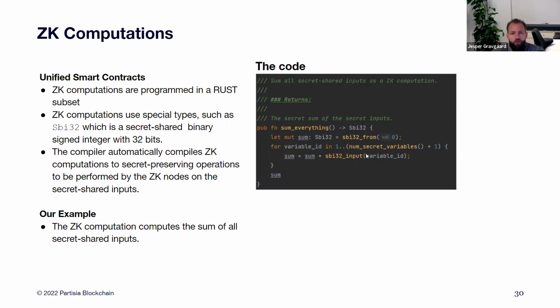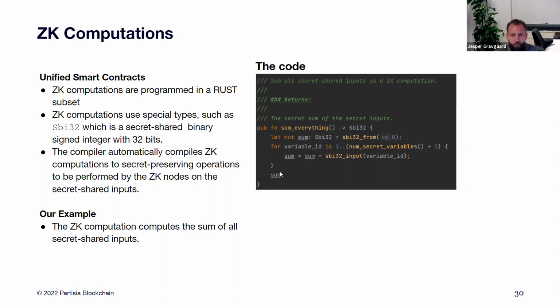The way that you code it is that you code a function that works with special types. These special types, Sbi32, for instance, is a secret shared binary integer that is 32 bits long. What this computation does is that it runs over all of the variables that have been inputted, that is all of the salaries, adds them up with the plus operator, and then returns the result.